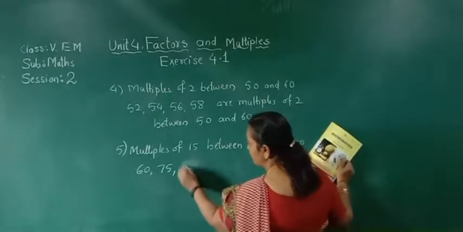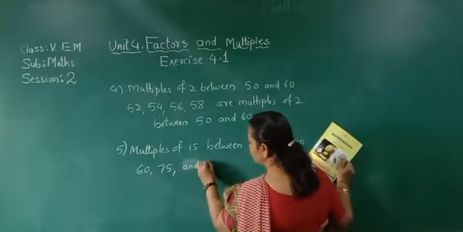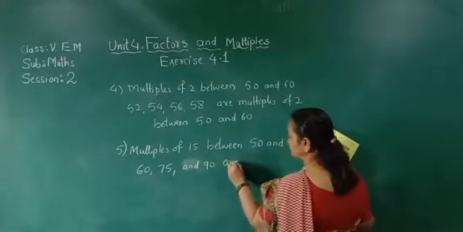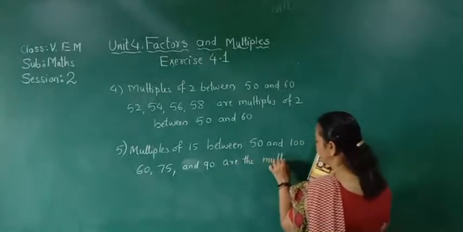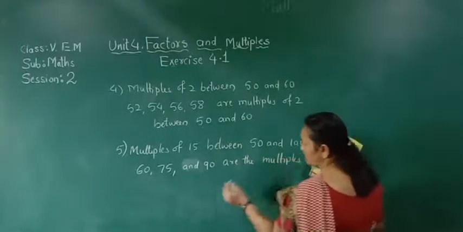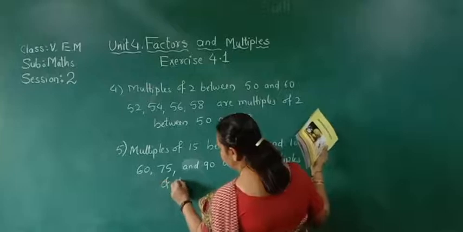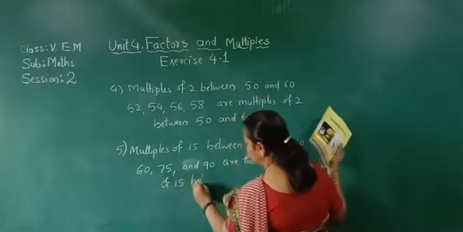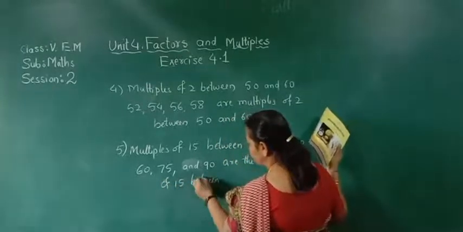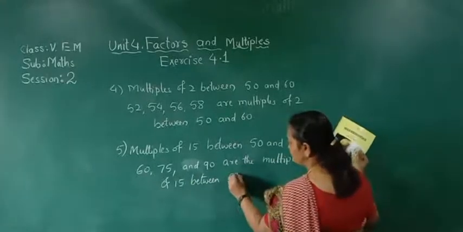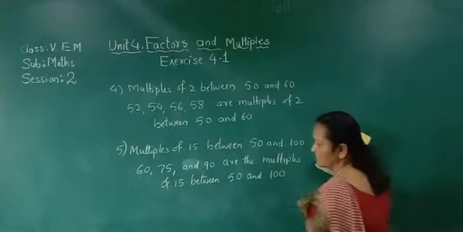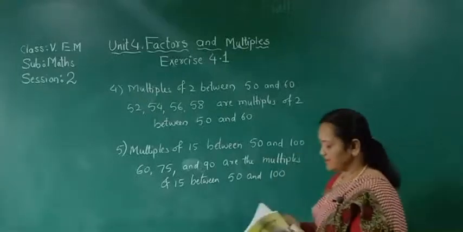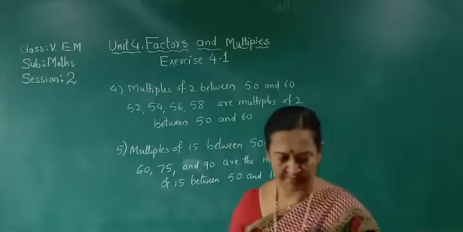Let me write here, 60, 75 and 90 are the multiples of 15 between 50 and 100. Got this, children? Okay, then let me go to 6th main question.